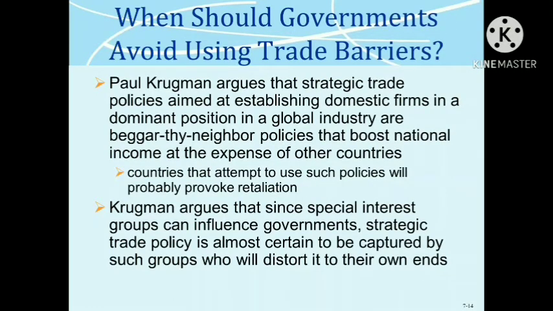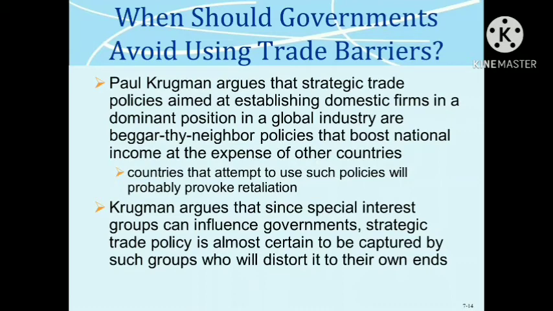When should governments avoid using trade barriers? Paul Krugman argues that strategic trade policies aimed at establishing domestic firms in a dominant position in a global industry are beggar-thy-neighbor policies that boost national income at the expense of other countries.